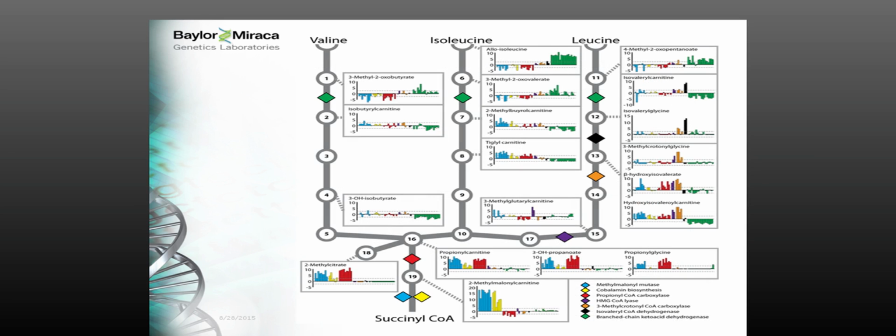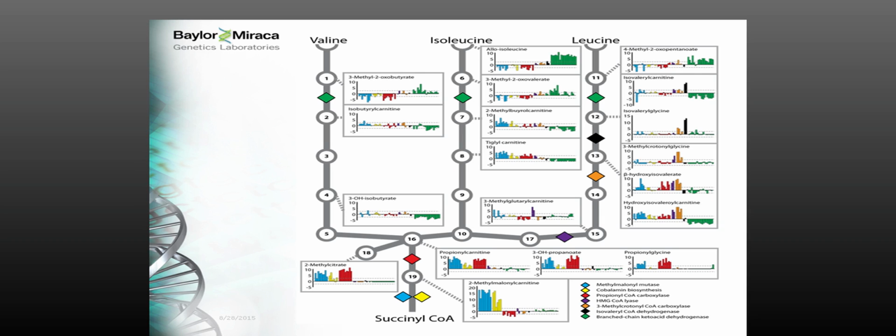This is yet another way we have fellows in the lab who we task with making all these lovely diagrams along with Metabolon. So this is a pathway of branched chain amino acid metabolism, showing various different disorders. The green diamond is showing the block in maple syrup urine disease, the black diamond in isovaleric acidemia, the orange diamond in 3-MCC deficiency, purple diamond is HMG-CoA lyase, red is propionic acidemia, and the light blue and yellow is MMA and cobalamin defects.